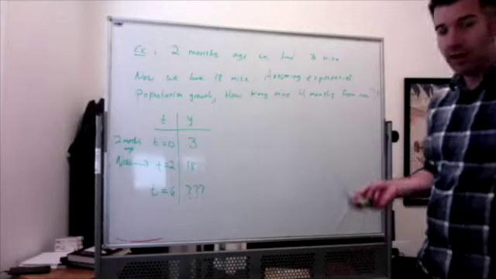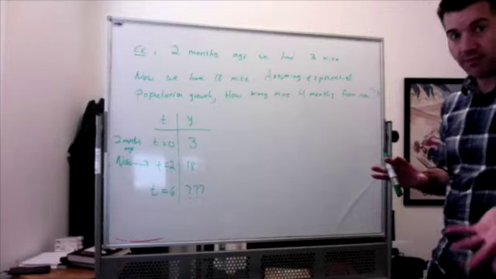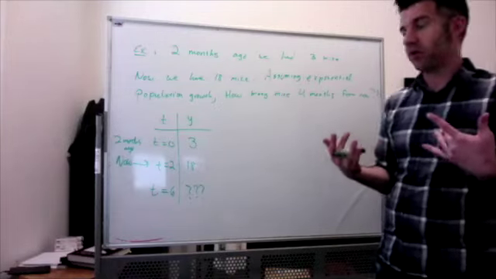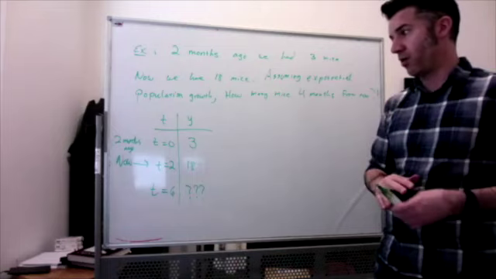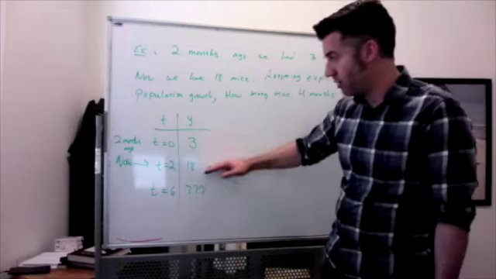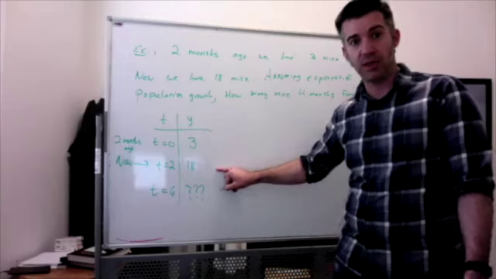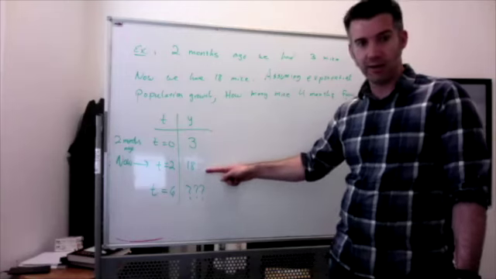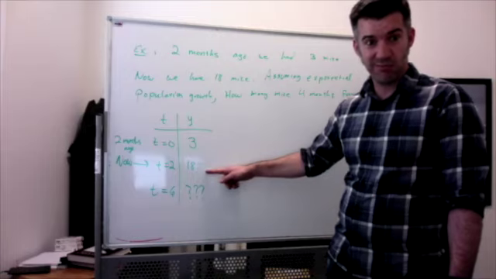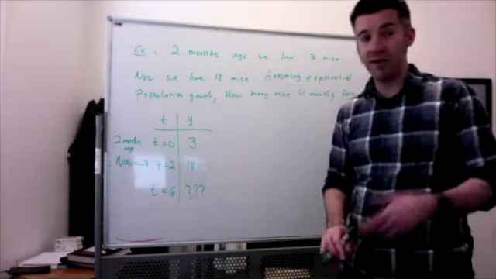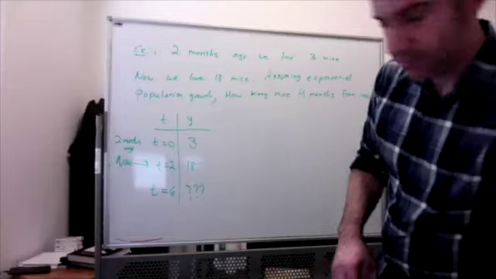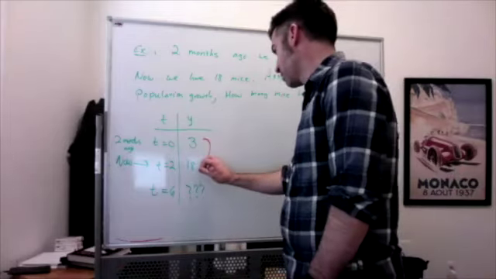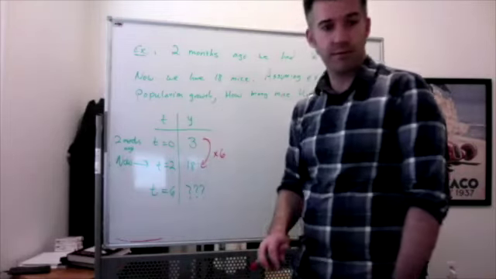And I'm going to kind of show you two ways of doing this. So here's the thing. If we're given a problem where in some interval of time, the population multiplies, let me ask everybody, what did the population multiply by to get from 3 to 18? 6. Right. So we know that in a 2-month period, the population multiplies by 6.